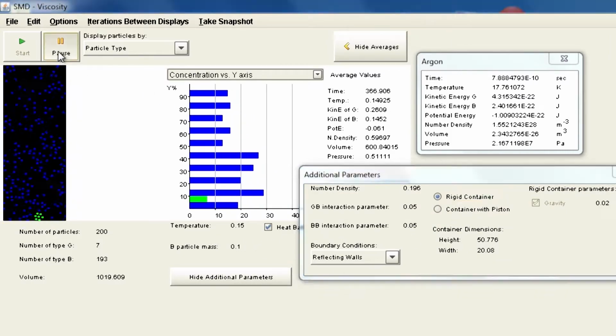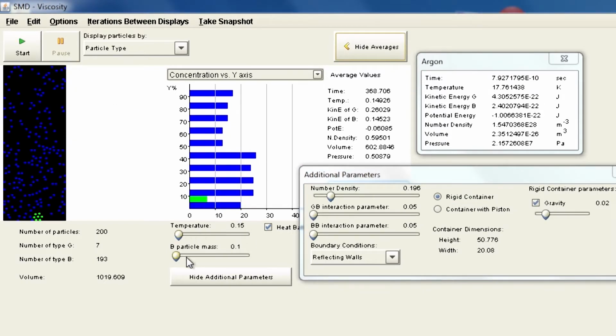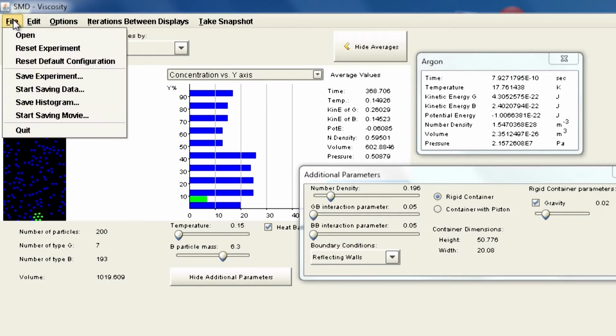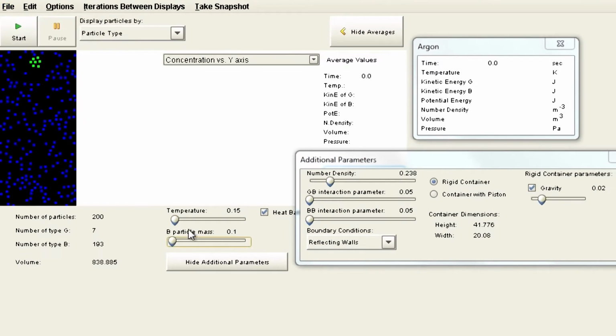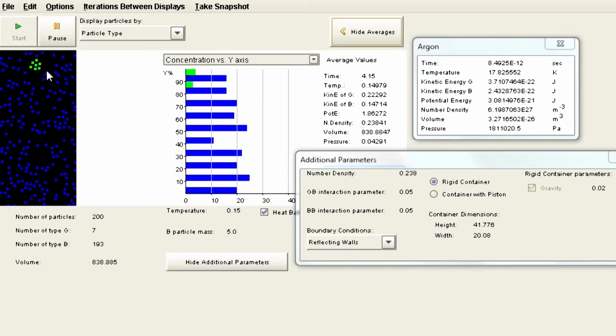So let me stop here, and then let's do particle mass. That's another parameter we need to look at. So let's start the experiment again, and now in this case we'll increase the mass, and we will make it a rigid body, let's say with gravity, because mass has some effect on gravity.